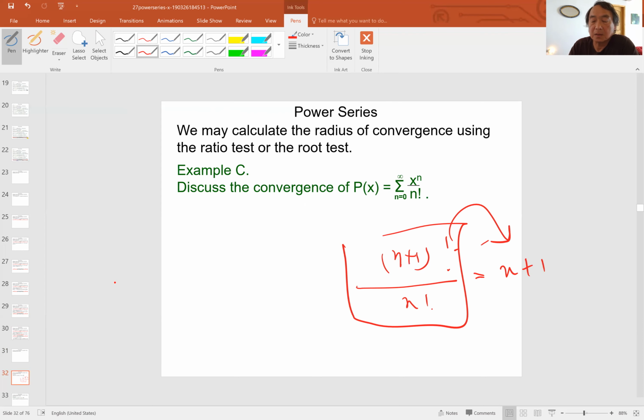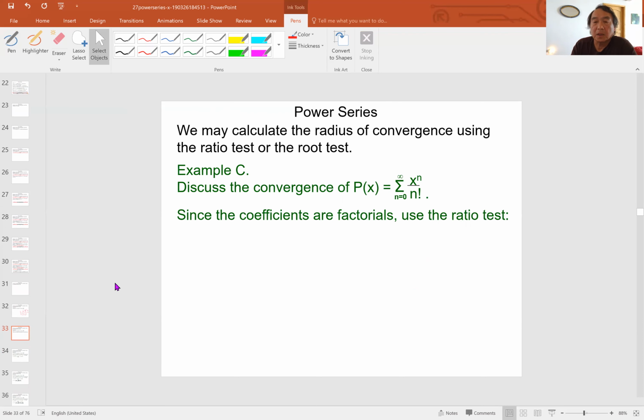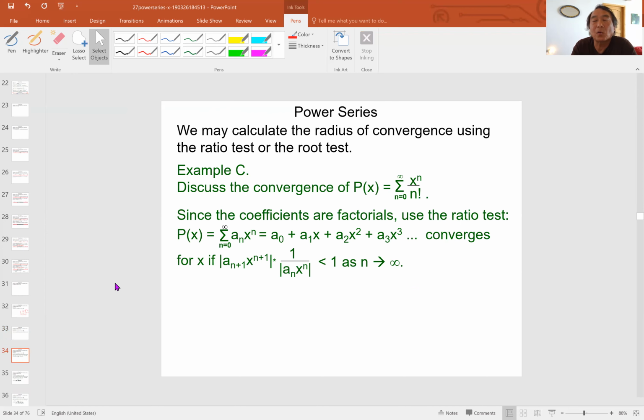So this type of algebra is the reason to use the ratio test. So what's the ratio test? We take the ratios, and if it's less than 1, it will converge. We're going to wind up with a formula with x in it. We want the absolute value of that to be less than 1, then we can see what x is. So I take the ratio of the coefficients.